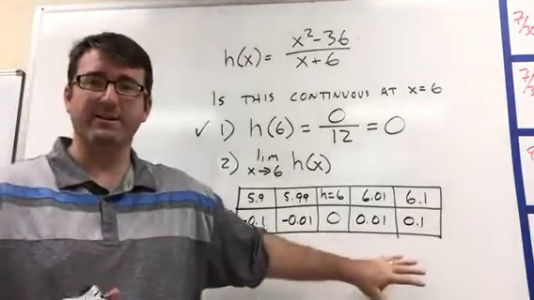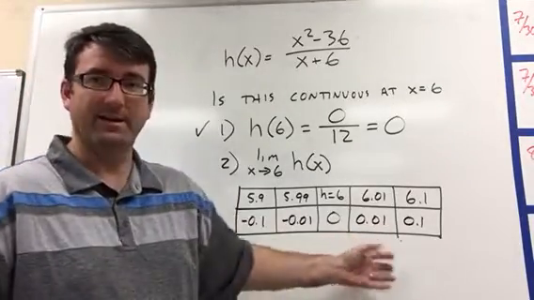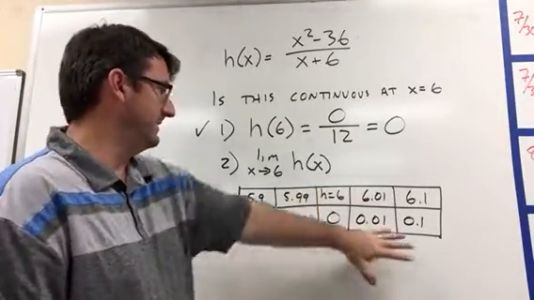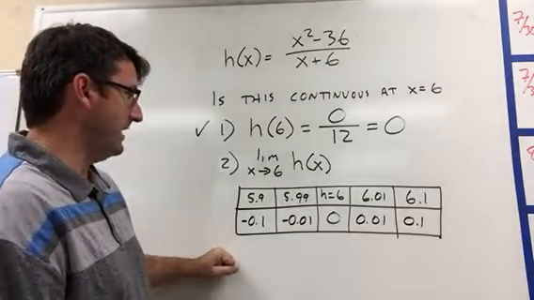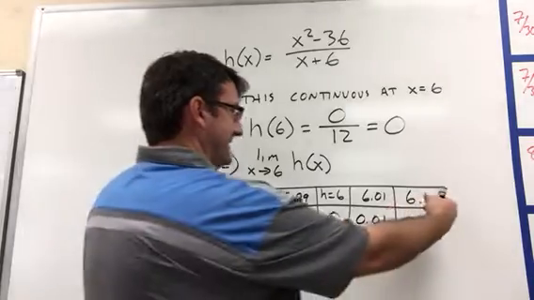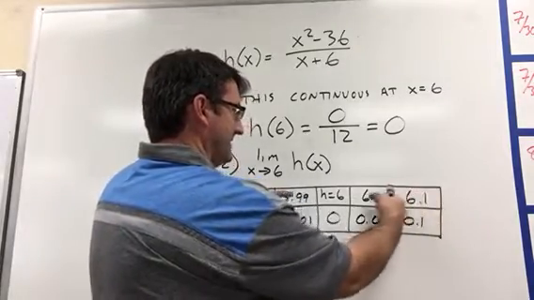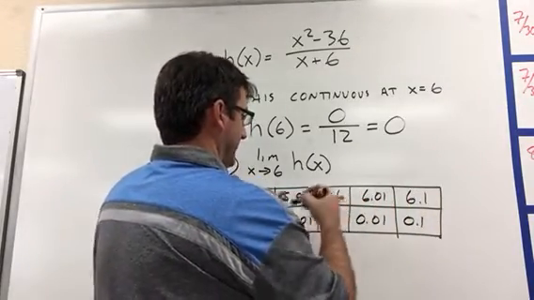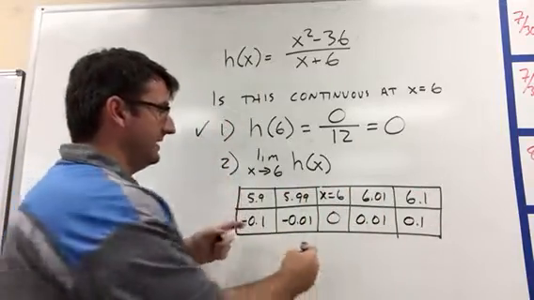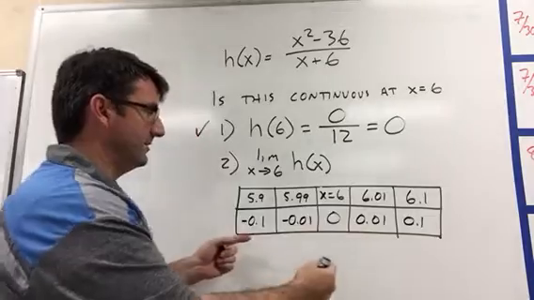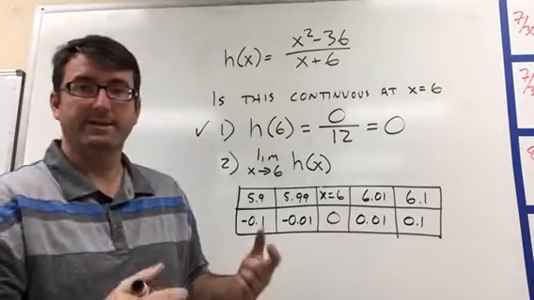And you can test that out on the calculator. I've done it on the calculator already, and these are the values that I came up with. So as you can see, as x gets closer and closer to 6, then h is getting closer and closer to 0.